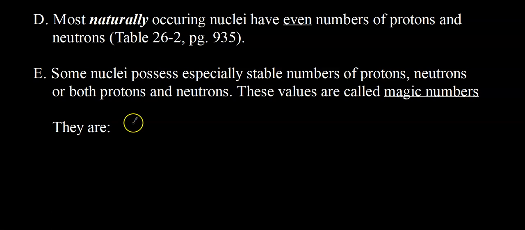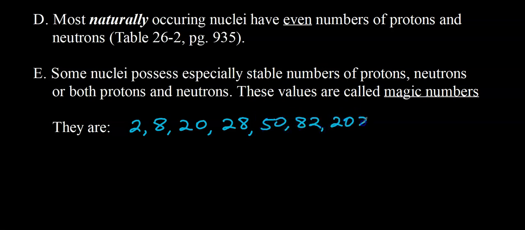They are anything with 2 protons, or a total of 2 protons and neutrons, 8, 20, 28, 50, 82, and 126. Just know that any atoms that have this number of protons, or this number of protons and neutrons, are especially stable and are unlikely to undergo radioactive decay.